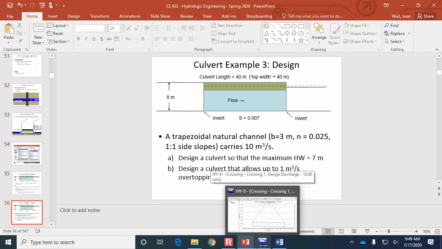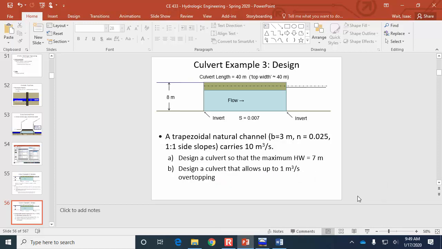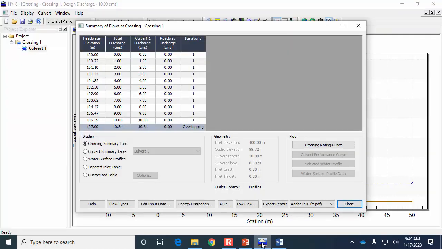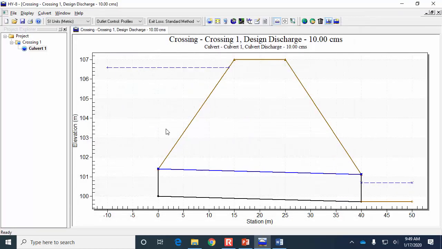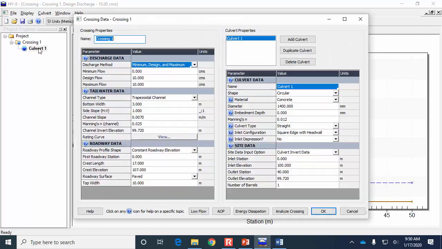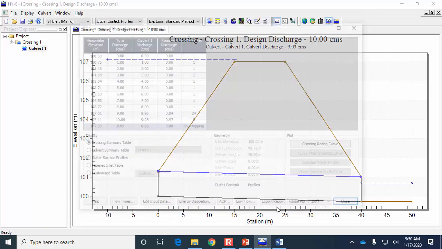Now B is a little more relaxed. It's saying 1 of the 10 can overtop. So now that means my pipe can be a little bit smaller. If we have a paved roadway top, then we could see what happens at 1,300 millimeters, analyze the crossing.